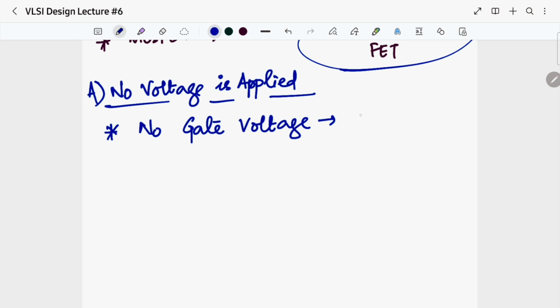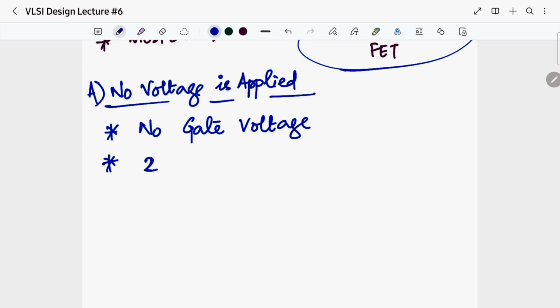That means what will be the outcome of this? That there will be two PN junctions, or PN junctions are also known as diodes.